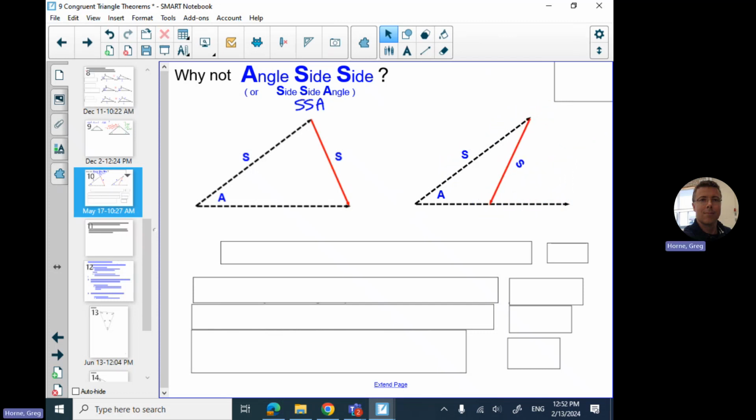Okay, so this is what's referred to as the ambiguous case, because this is an unknown length. It doesn't matter what length, right? So if you shorten this one down there, you have the same information. You have angle side and angle side, and they're not the same triangles. Okay, so this is referred to as the ambiguous case.